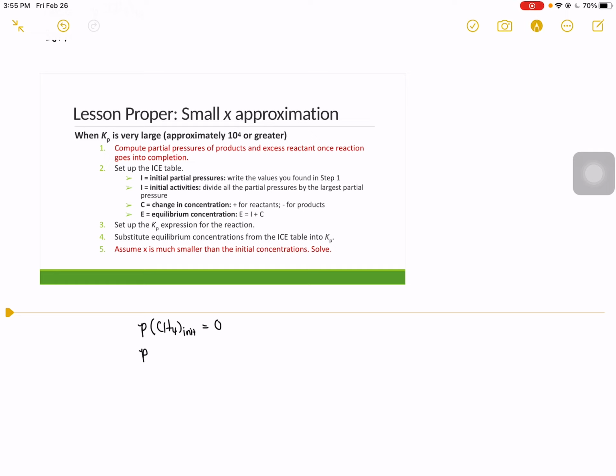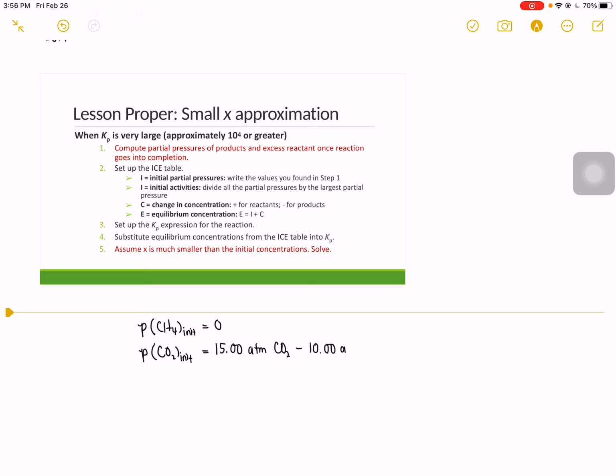As for the carbon dioxide, once the reaction has gone completely to form the products from the limiting reactant, we're left with the following pressure of carbon dioxide, which is computed as follows.